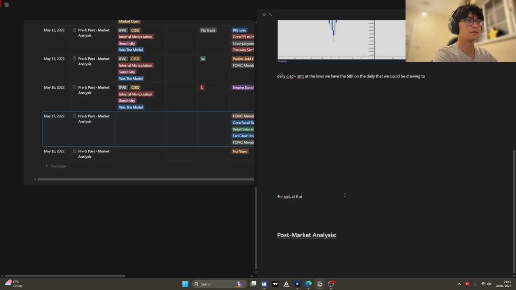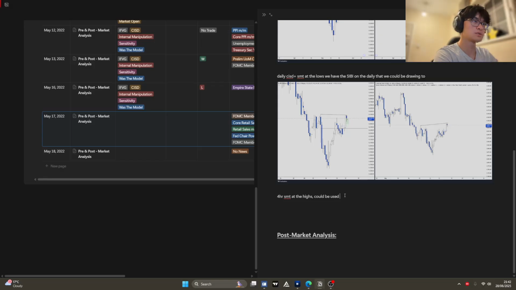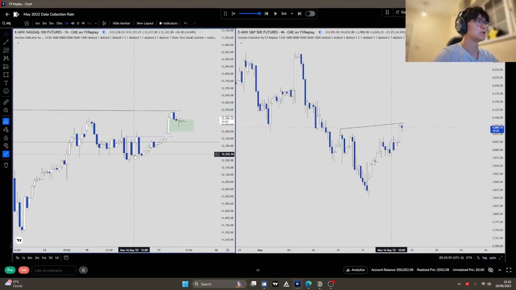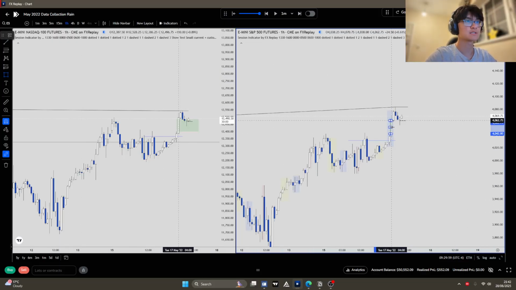Our SMT at the highs could be used just to be taken out, or to go to efficiency. 1 hour SIBI on both assets.